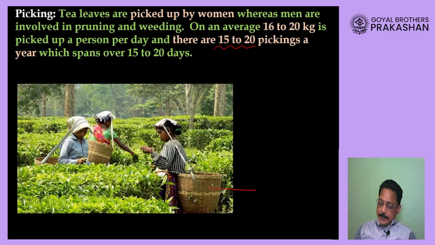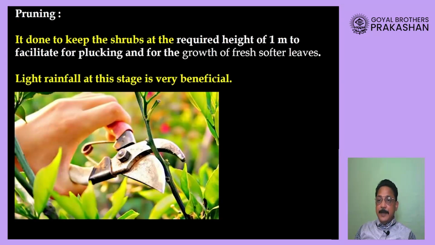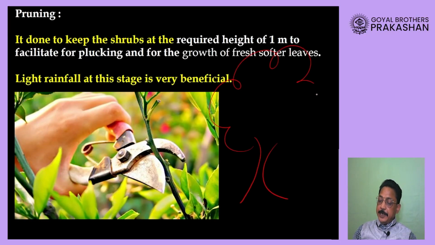The basket that you see over here is the one in which the plucked tea leaves will be collected by women. Then what do the men do? The men are involved in pruning. Please understand that tea can grow into a huge tree.